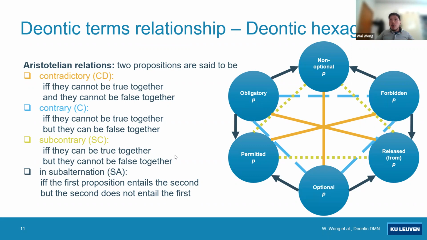So this is an overview of the 6 different deontic terms, and this hexagon is just drawing the relationships among the different terms.